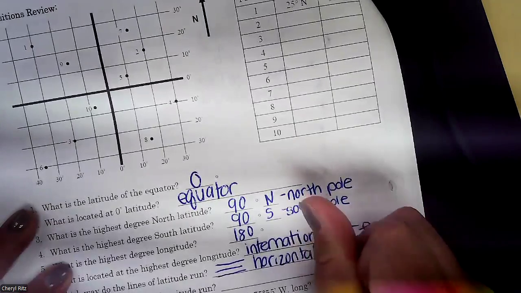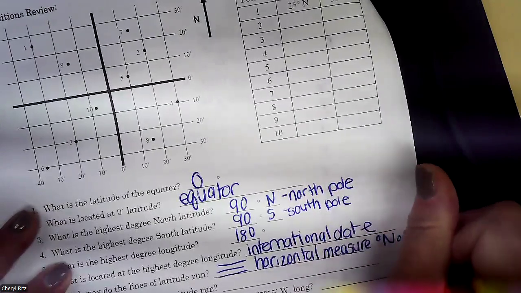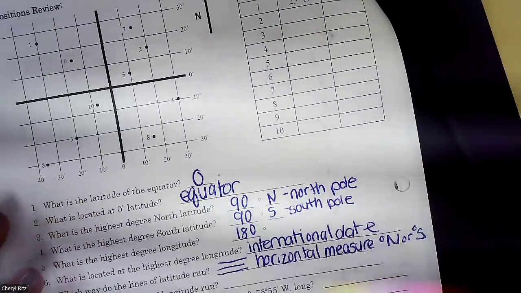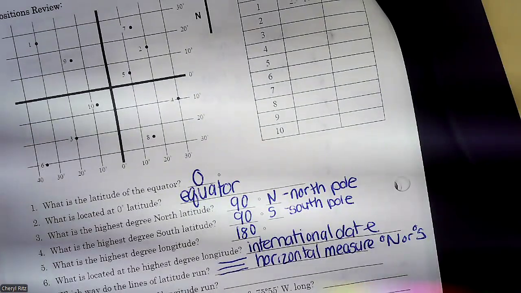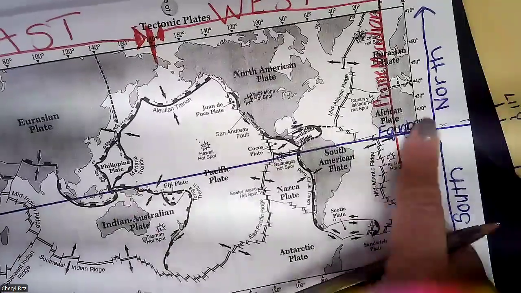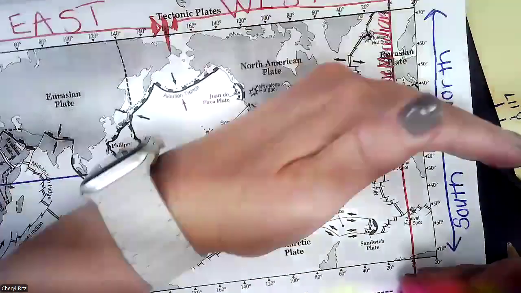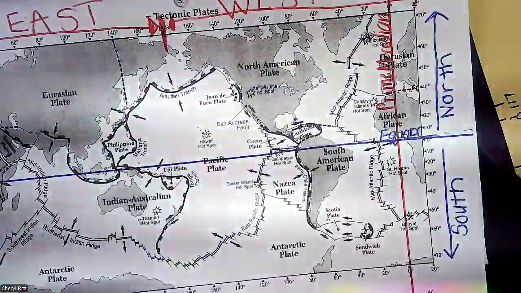You might want to add that note: measure degrees north or degrees south of the equator. So while they go from east to west across the map, they measure how far north or how far south of the equator you are.